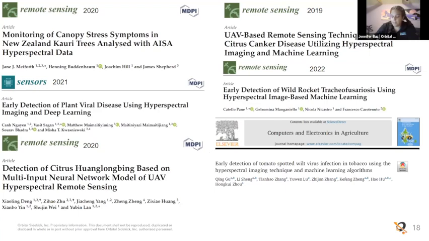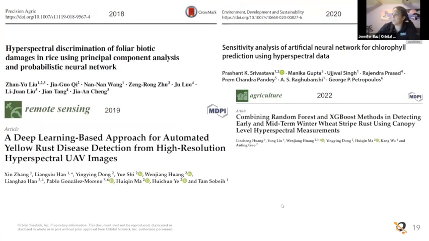And last, I did a quick search because I wanted to show how this is really changing the field for plant monitoring and plant health. These papers are just from the last three years, but basically they show machine learning and neural network techniques in conjunction with hyperspectral data to look specifically at, for example, fungi that are affecting crops, also different diseases and insect infestations.